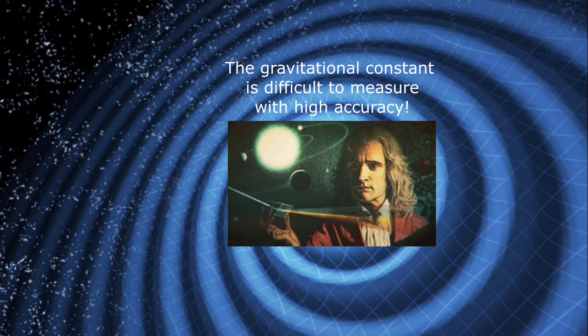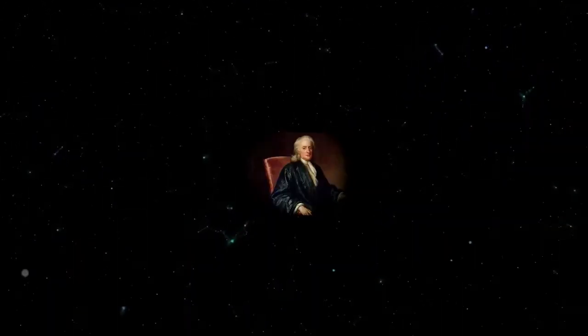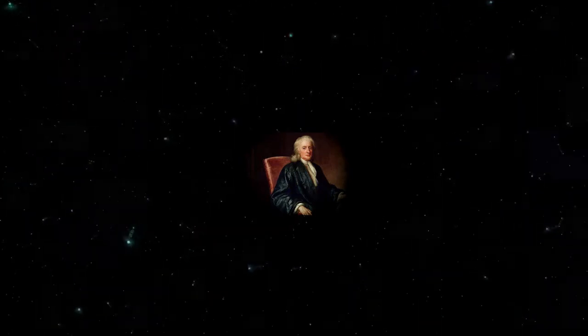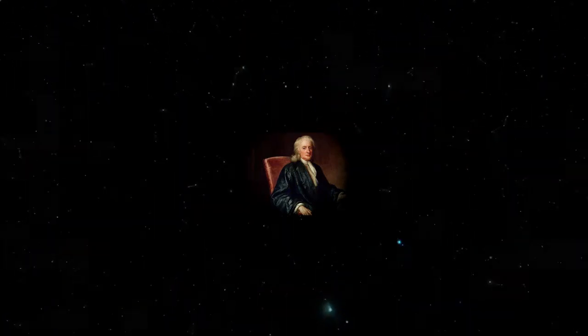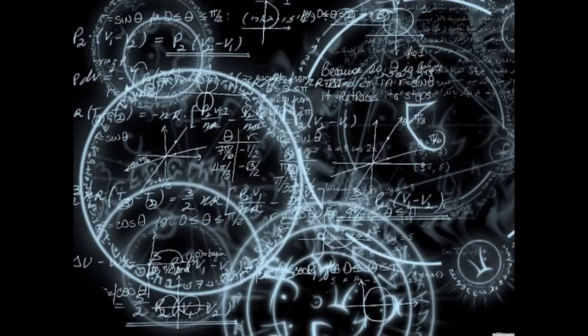The gravitational constant is a physical constant that is difficult to measure with high accuracy. This is because the gravitational force is an extremely weak force as compared to other fundamental forces. There are many other constants in physics.